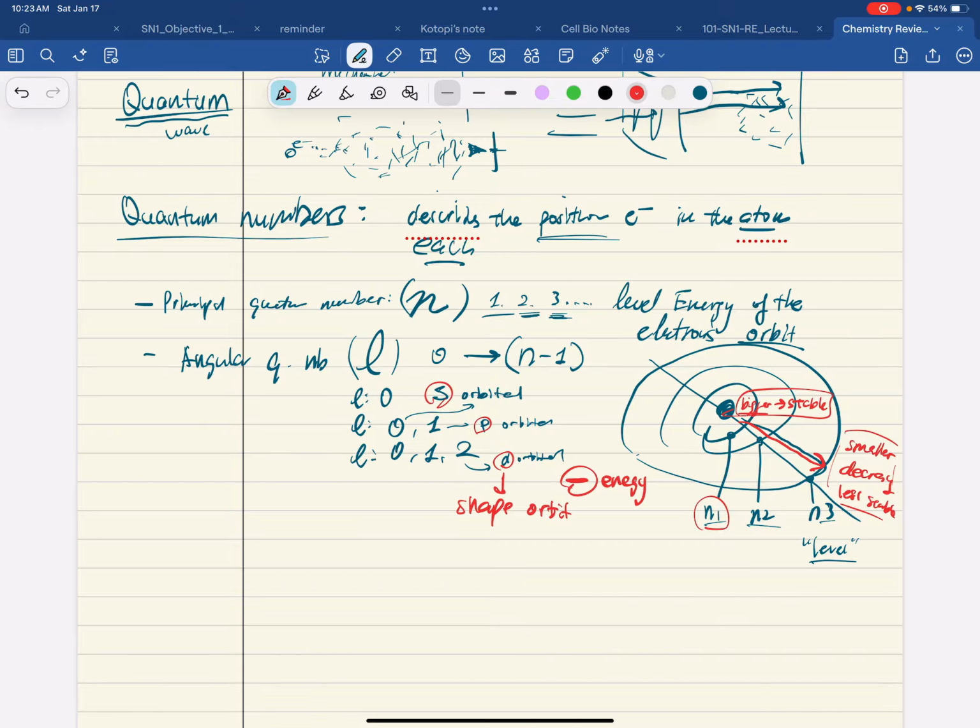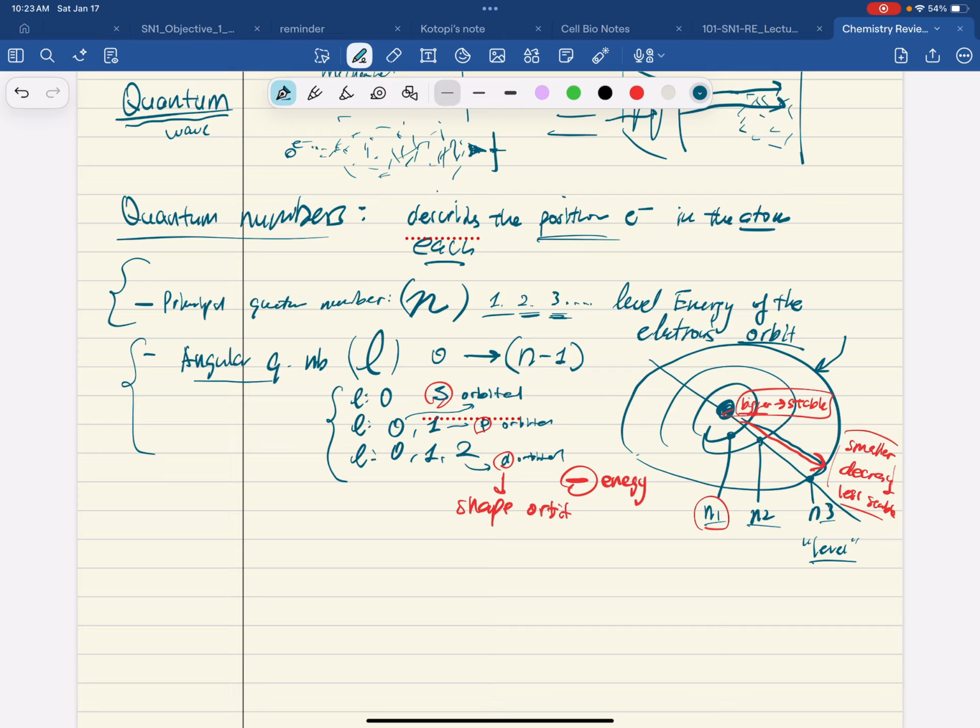So, like I said, the electron configuration, we call it. The configuration means the specific position that each electron is in will depend on which principal level, but also the sub-level orbit it is in. So it's the angular, the L number.